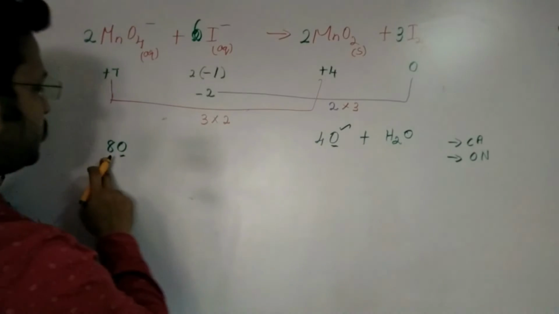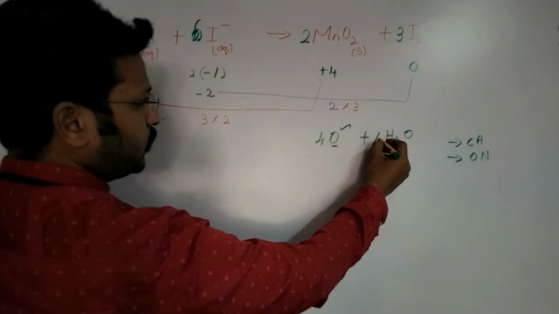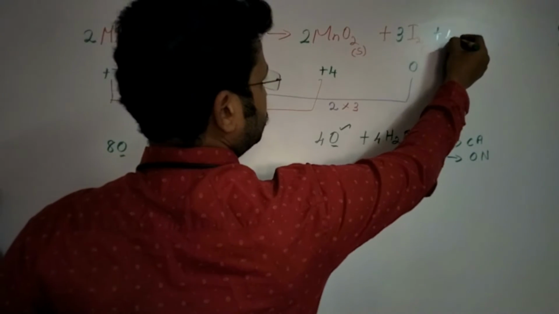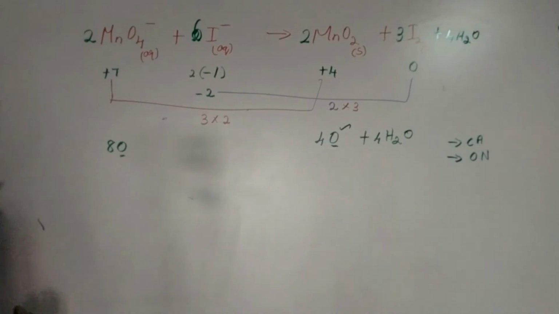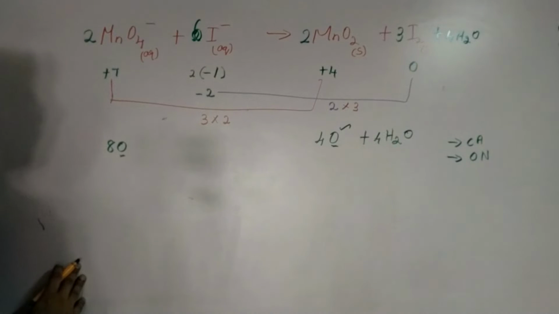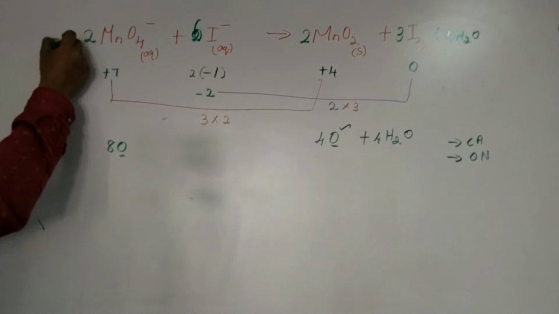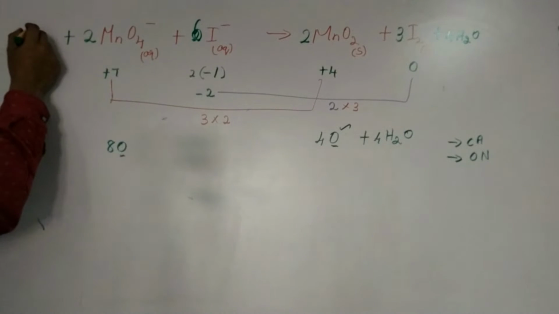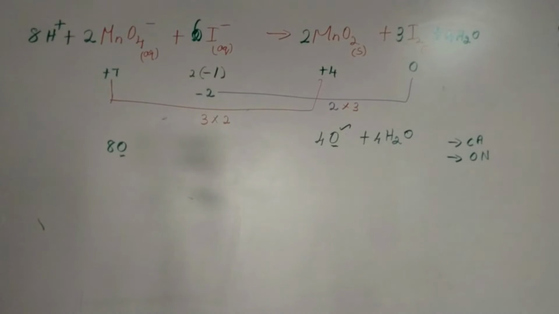The difference in oxygen is 4, so I have to add 4 H2O on this side. And on the other side, to balance this H2O, I have to add an equivalent amount of H plus. So 4H2O gives 8 hydrogen, so I will add 8H plus.